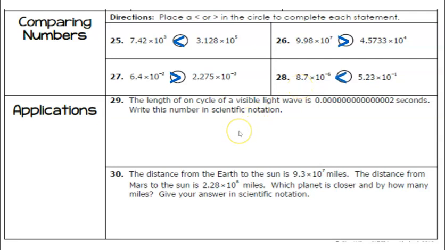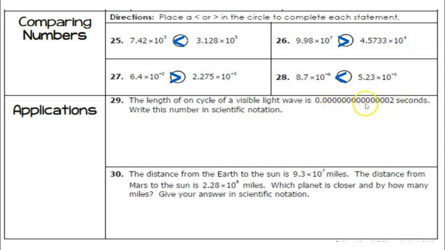Now let's apply this. Where do we use this? Most of the time it is used in science, hence the name scientific notation. Here we have the length of a cycle of a visible light wave is that many seconds. That's a very small number. Write this number in scientific notation. Well, easy enough, we can do that. So we have to get this decimal clear over here.